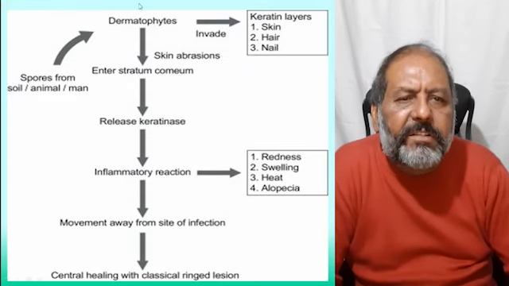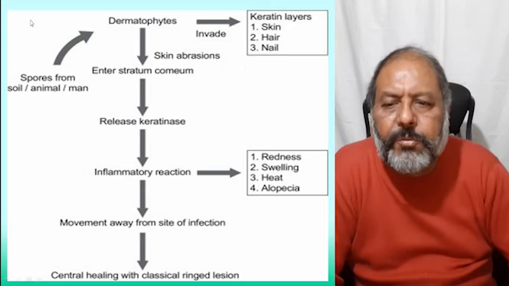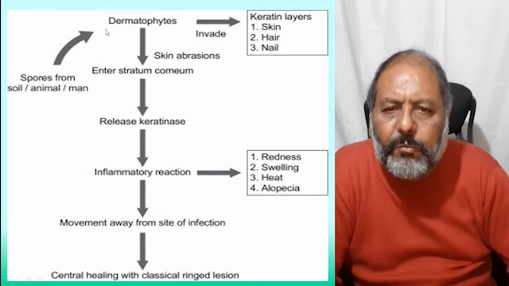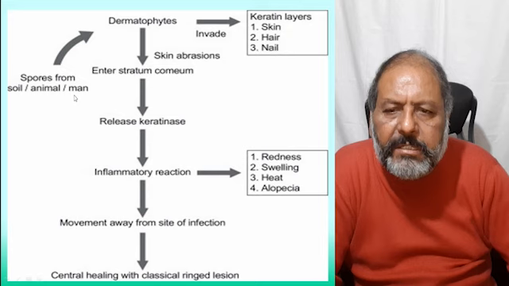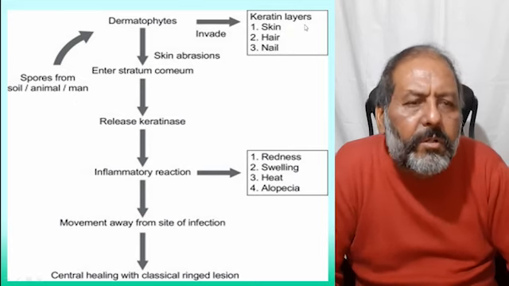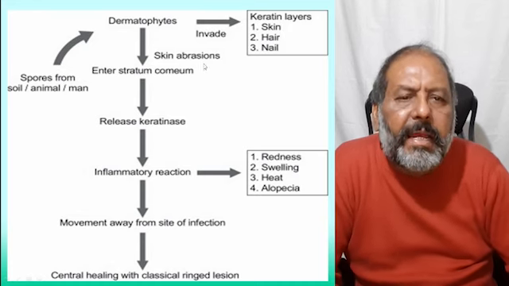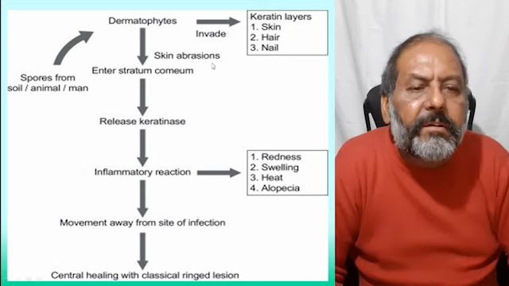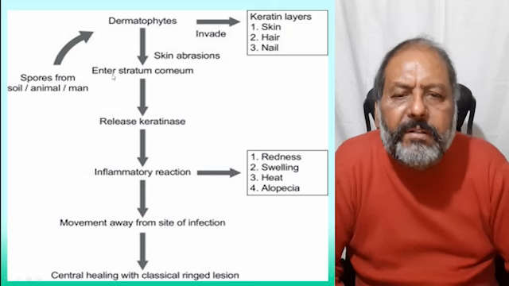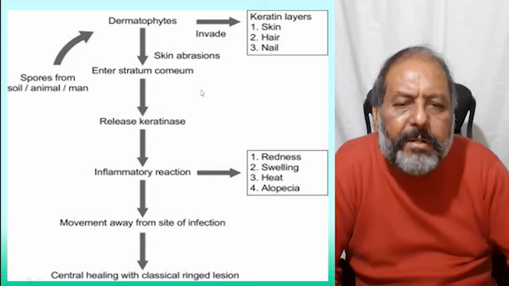So here one can see schematically the dermatophytes and spores from the soil, animal or man. These dermatophytes take origin from these sources, and then invade the keratin layers of the skin. So it involves skin, hair, and nail. Skin abrasion causes entry into the stratum corneum by these dermatophytes.